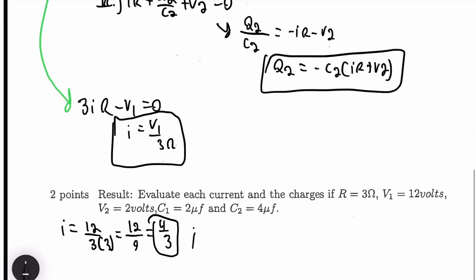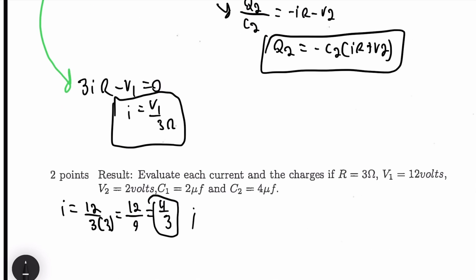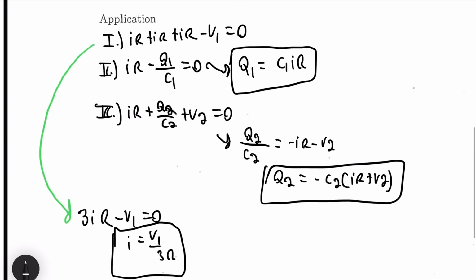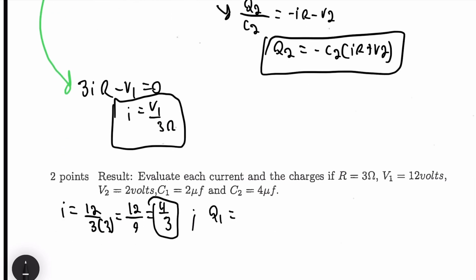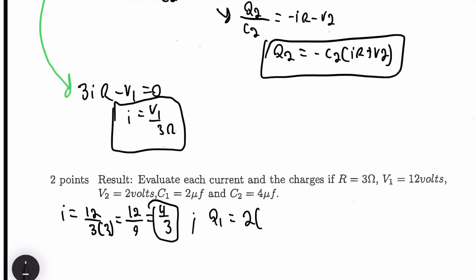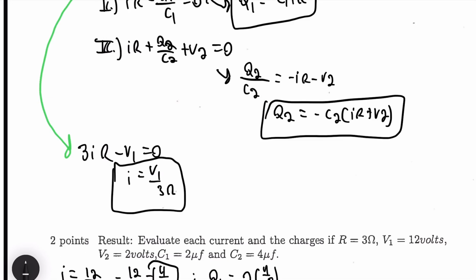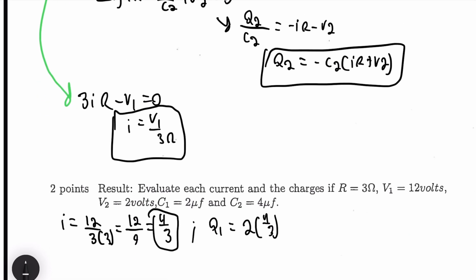So now if I solve for Q1, Q1 is C1, C1 is 2. My current is 4 over 3, and my resistor has a value of 3. So the 3's drop, 4 times 2 is 8, and that'll be the answer.